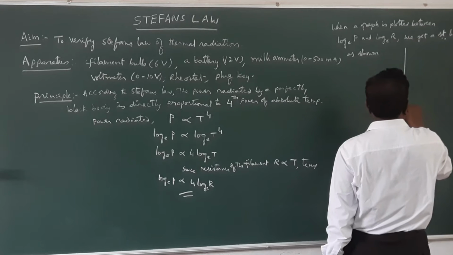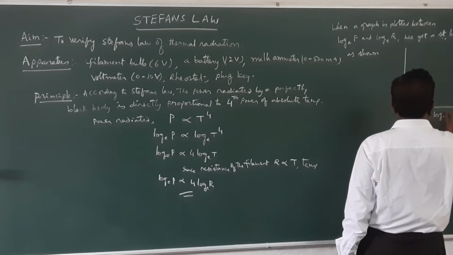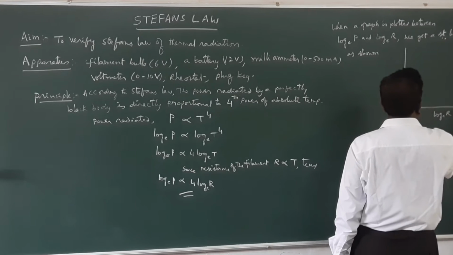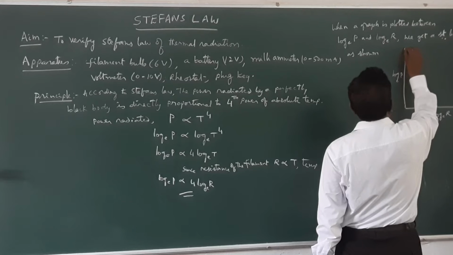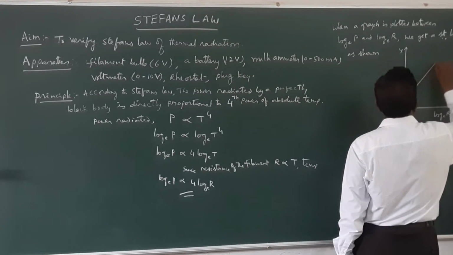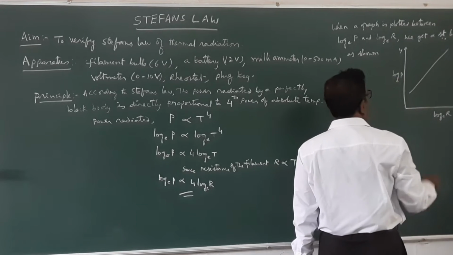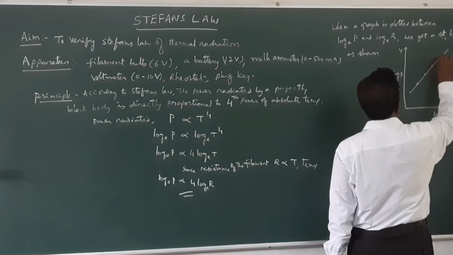Therefore, this is the graph. Here, log R is on the x-axis and log P on the y-axis, and we get a straight line like this.